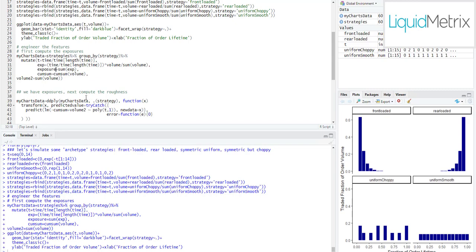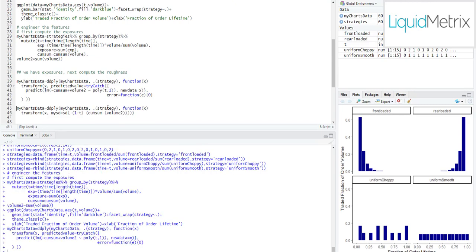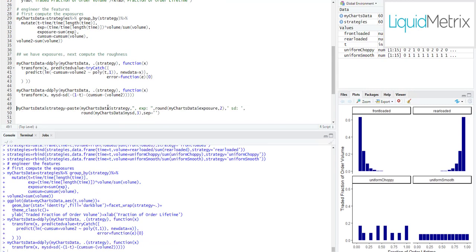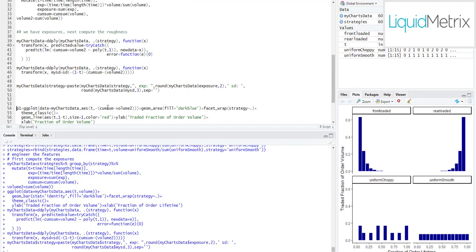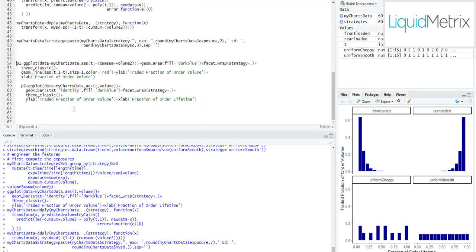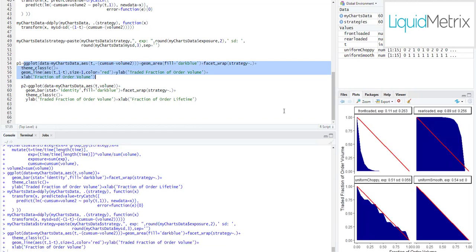And the second one we can do is we can look at the difference that our charts have, or that our strategies have, with respect to how choppy they are. Okay, so what do I mean by that? Let's take a look at another chart.